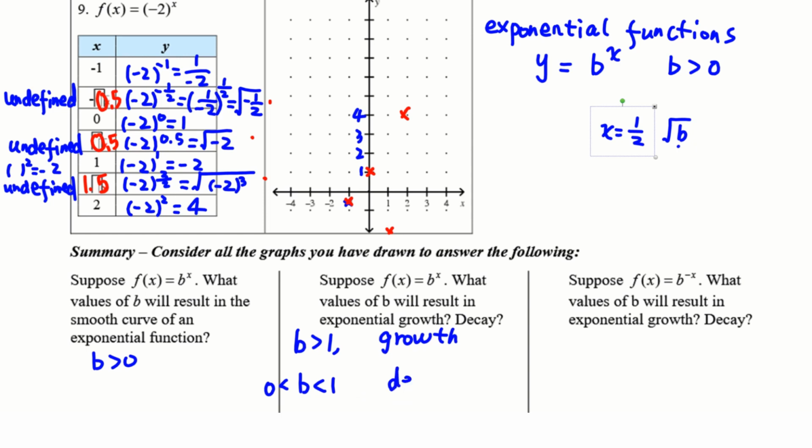We call it decay. And if it's b to the exponent negative x, then if this one is y = b to the exponent x, the negative x means it's flipped in the y-axis.